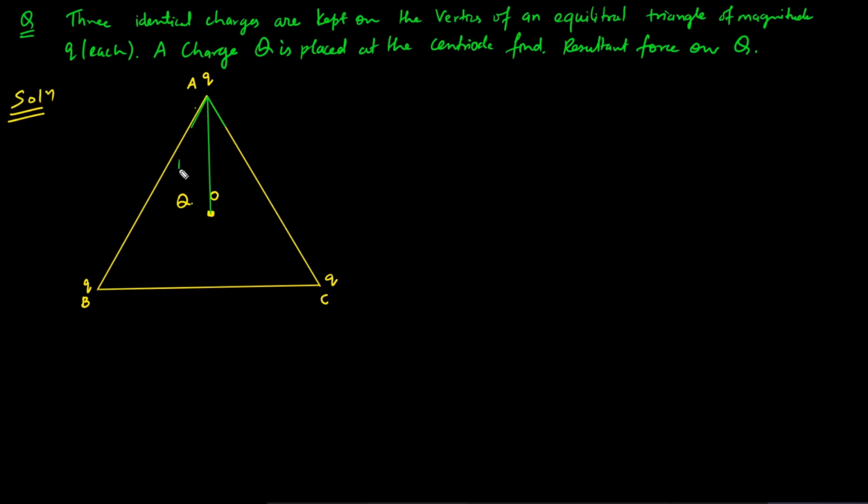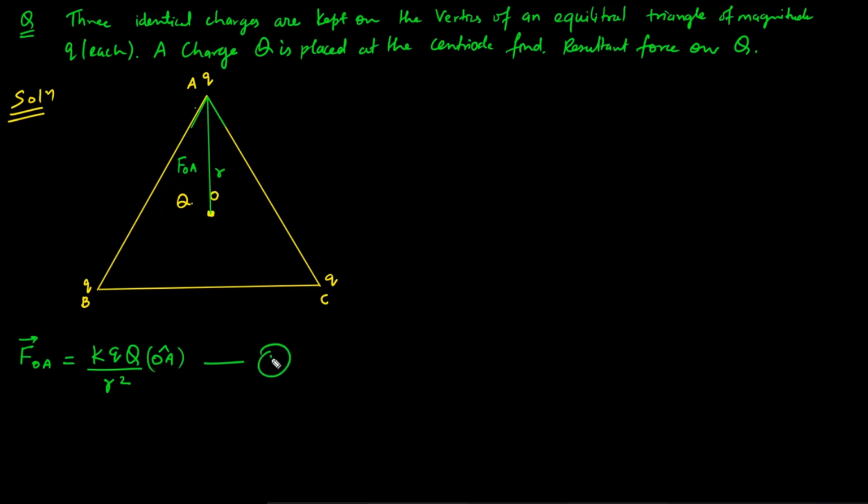So I am writing this as F OA. In magnitude, F vector OA will be k small q into capital Q upon R square, where the distance O to A is R, and the direction from O to A is OA cap.